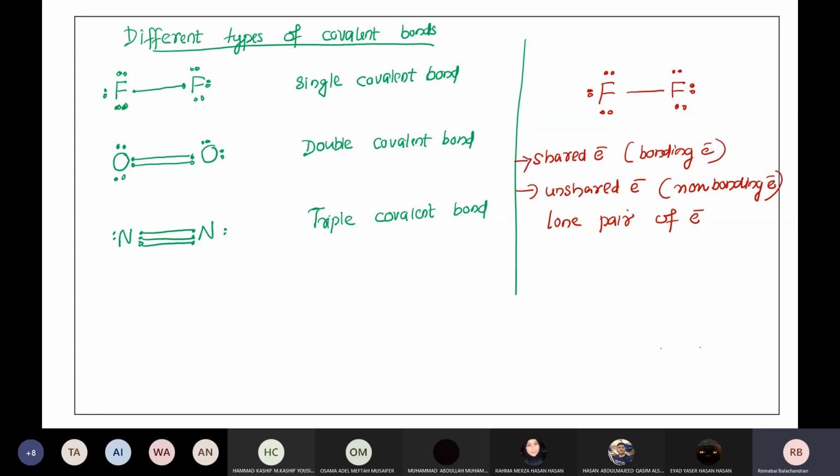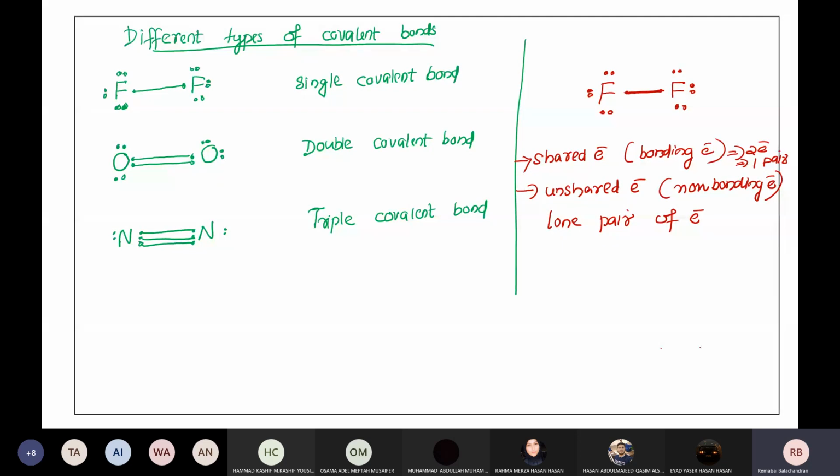See, in this case, how many electrons are shared? One bond means total how many electrons? 2 electrons, or one pair. Did you get it? Now, unshared electrons: the opposite of shared is unshared, or the opposite of bonding is non-bonding.